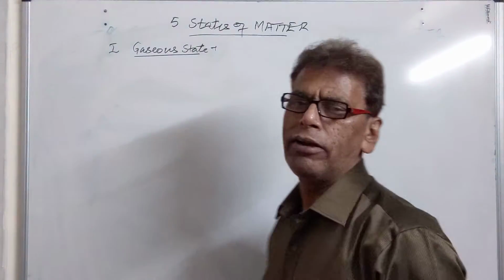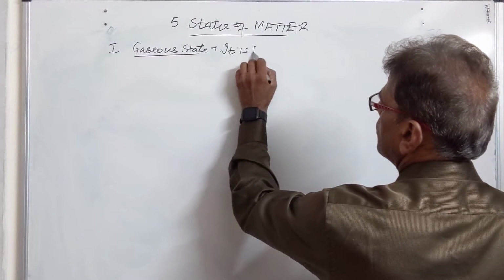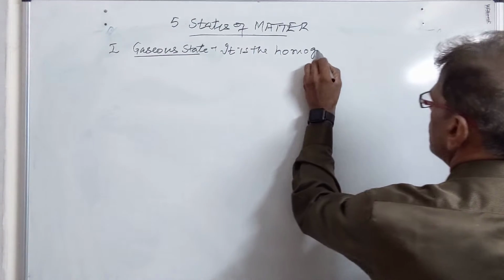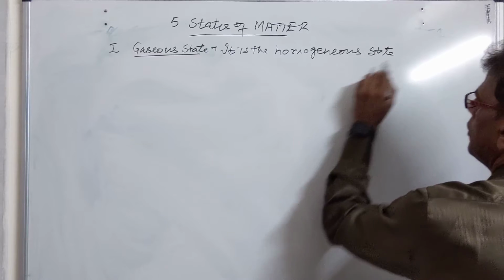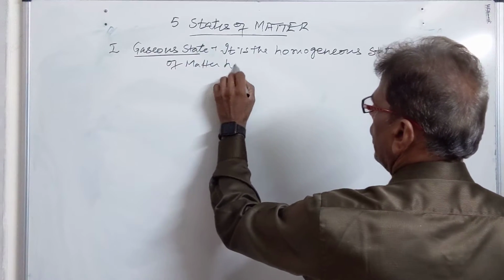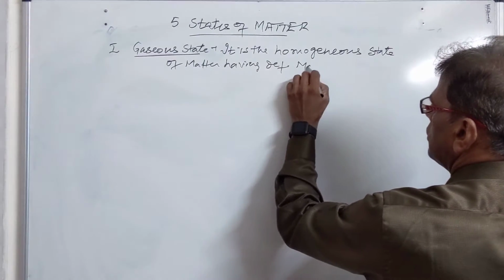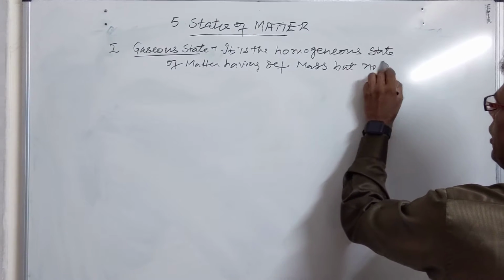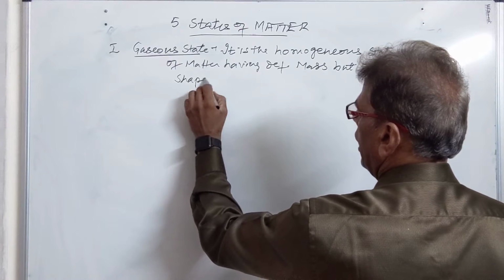What is gaseous state of the matter? It is the homogeneous state of matter having definite mass but no definite shape and volume.